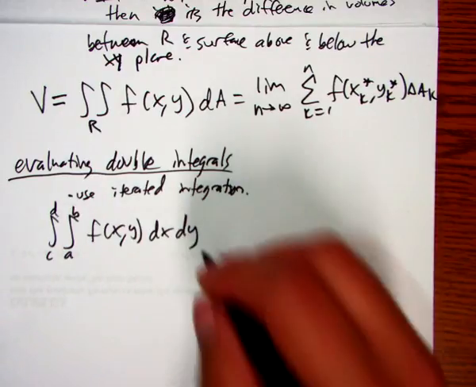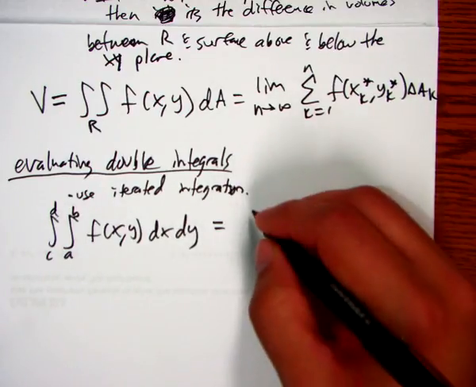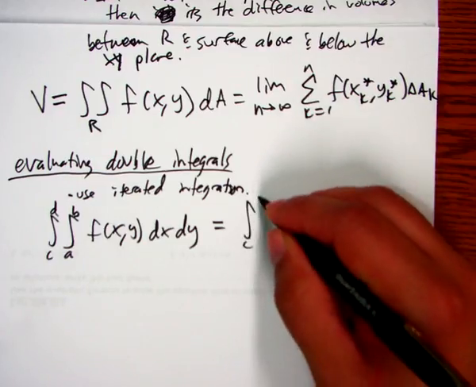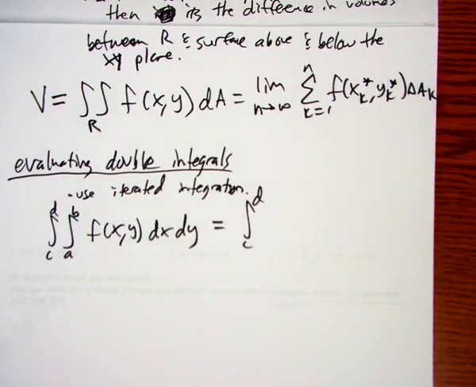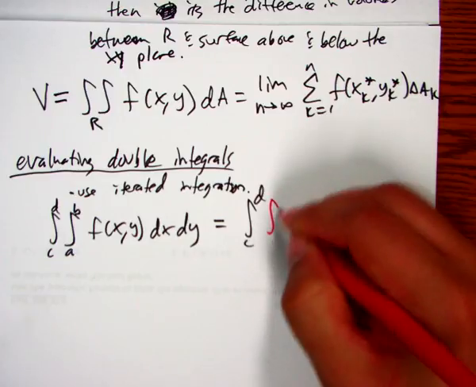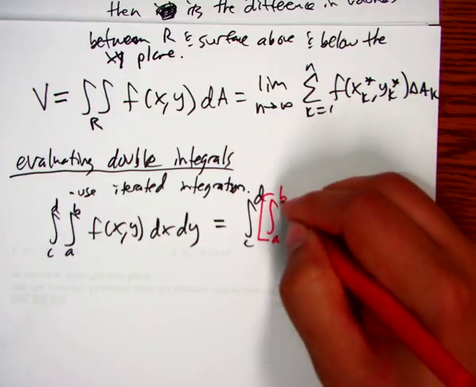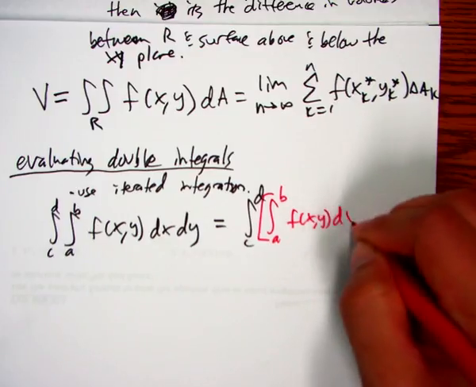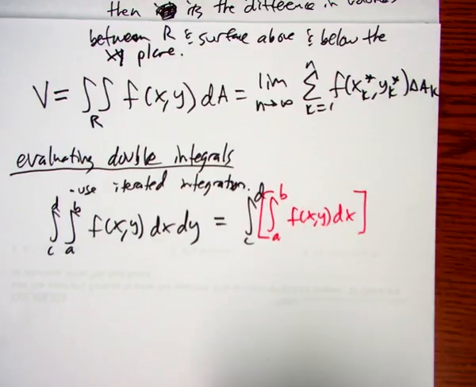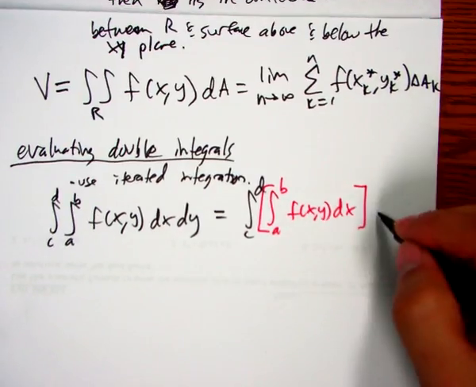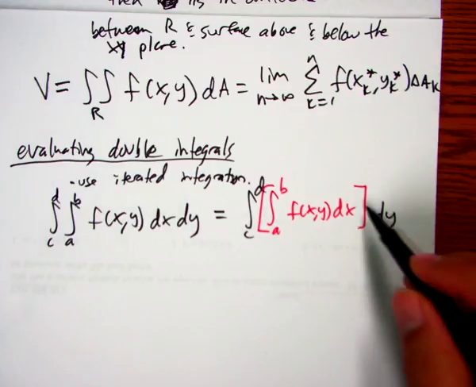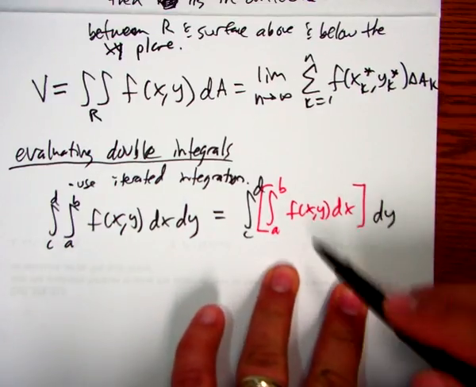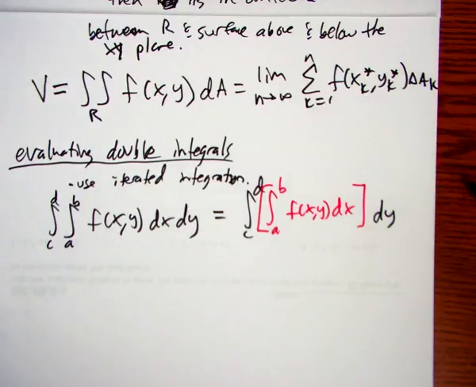The way you would evaluate it is by first figuring out the inner integral. So the integral from c to d is still going to be there, but what you're going to work with first is the integral from a to b of f of xy dx. You're going to compute that first. And once you figure out that integral, then you'll just be left with a single integral, and you'll integrate one more time. Okay?